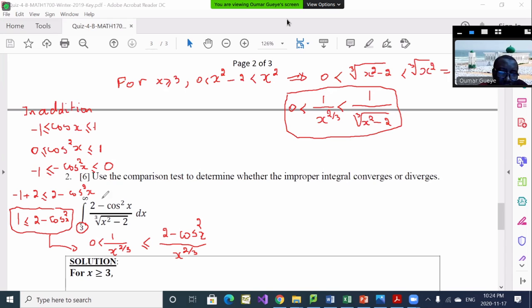I told you, when you have an improper integral of type 1, you want to compare your integral with an integral similar to the one coming from the first p-test. And the one from the first p-test is always 1 over x to the power p. That's why I'm trying to get 1 over x to the power p, and I divide here because I already have this part here.